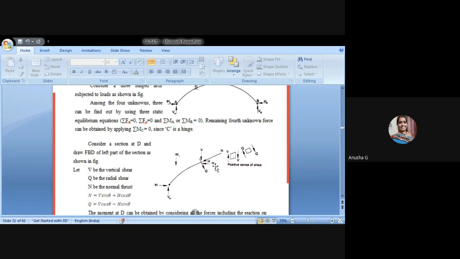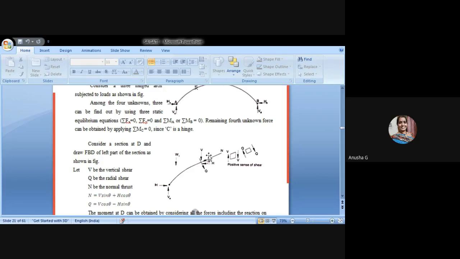V is the vertical shear, Q is the radial shear, and N is the normal thrust. Our aim is to find the radial shear and normal thrust. N equals V sin theta plus H cos theta, and Q, the radial shear, equals V cos theta minus H sin theta.